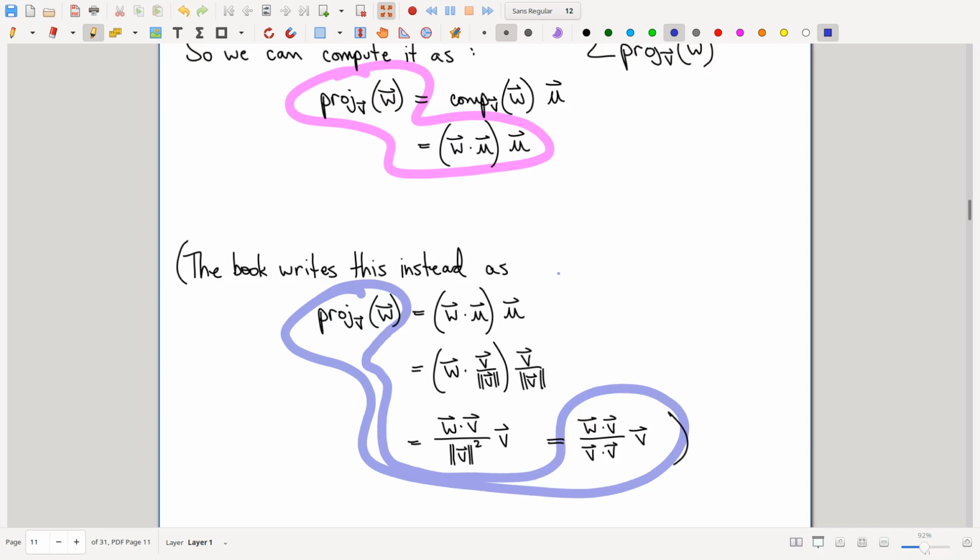A lot of students are going to be tempted to go with the second formula here. Here's why students like this formula at the bottom. v and w were the vectors we were asking about. This is all in terms of v and w. Plug and chug. There's a lot of appeal there.